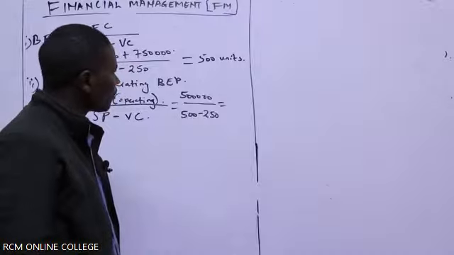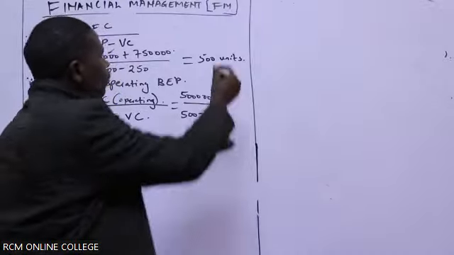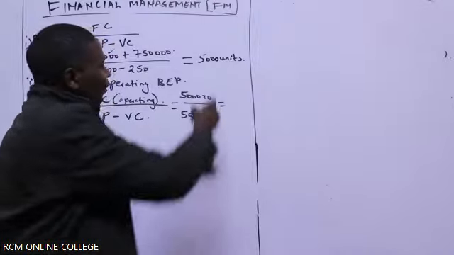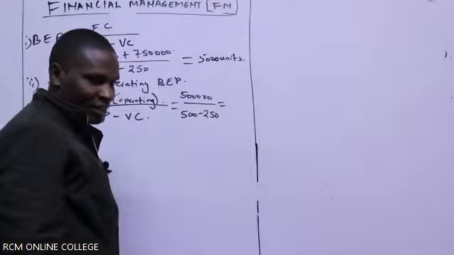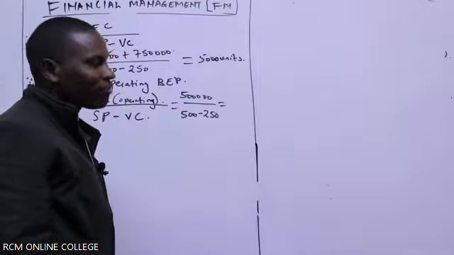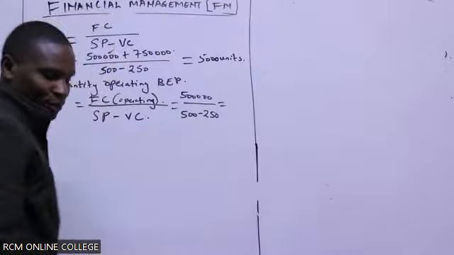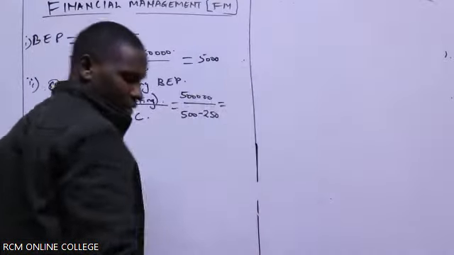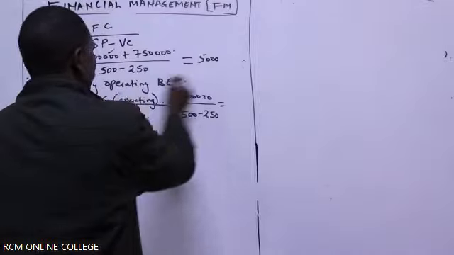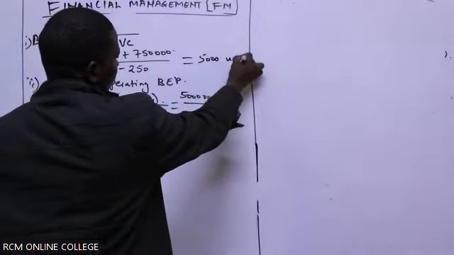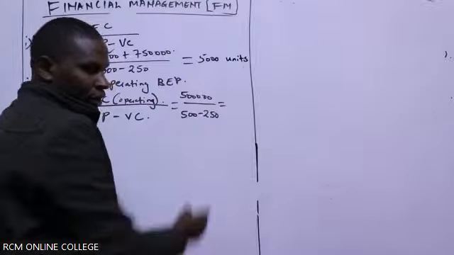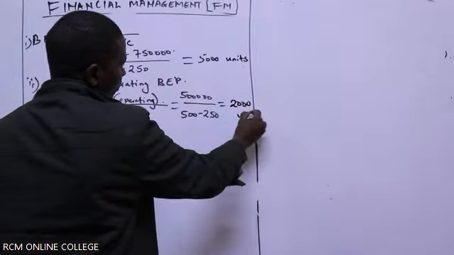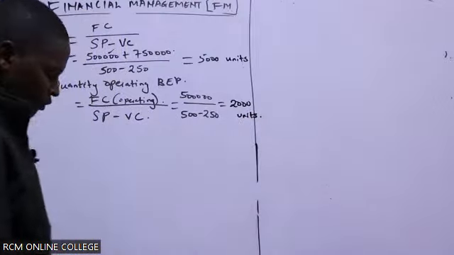BP ni 5. Oh, this one. Okay. Asante. Okay, sawa. 5,000 units. Wanashangaa. What about nayo hii ingine ni units ngapi? BP ya operating peke yake. Hii ni units. Hii nayo ni ngapi? 2,000 units. So hiyo tumemalizana.